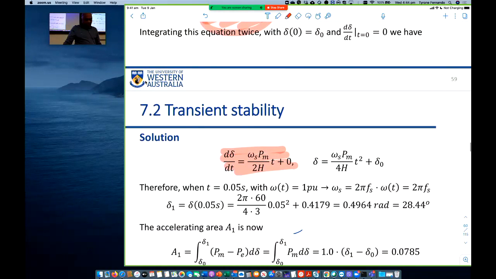You integrate one more time, and this t becomes t squared on 2, so that 2 becomes 4, t squared on 2 plus delta naught.